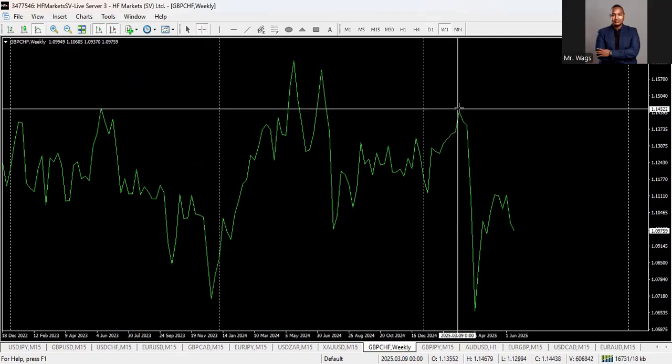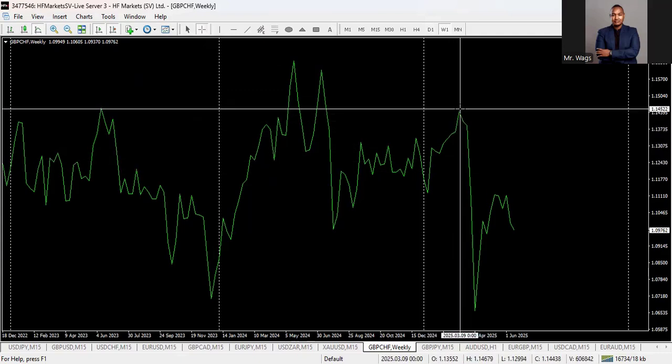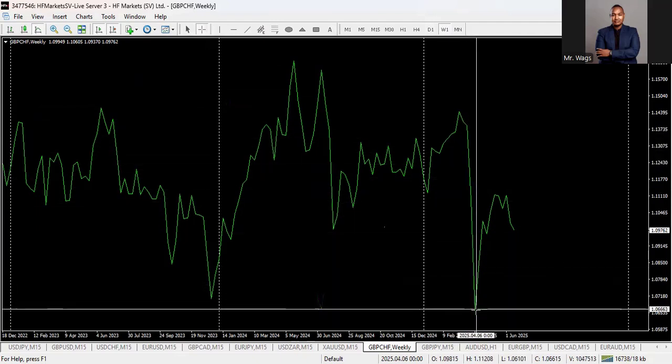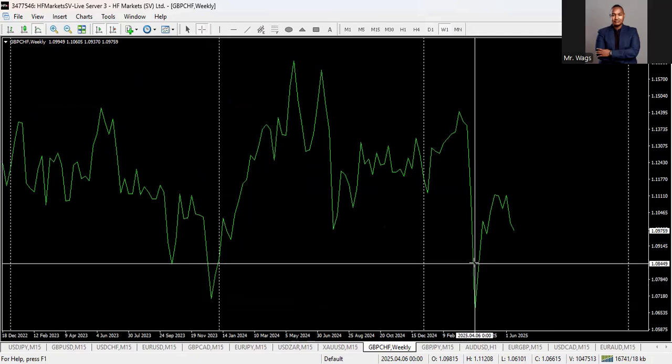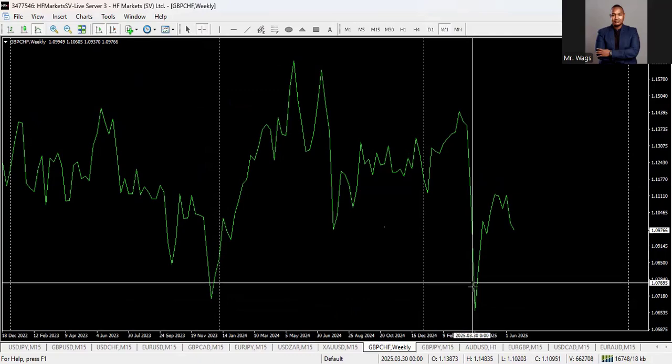So the same for a downtrend. As the market is falling, it simply means the exchange rate is decreasing. So the value of £1 against Swiss franc was decreasing during this time.